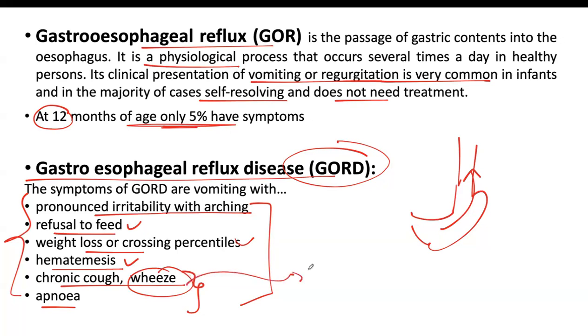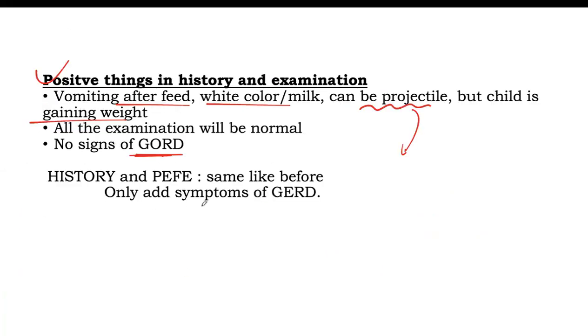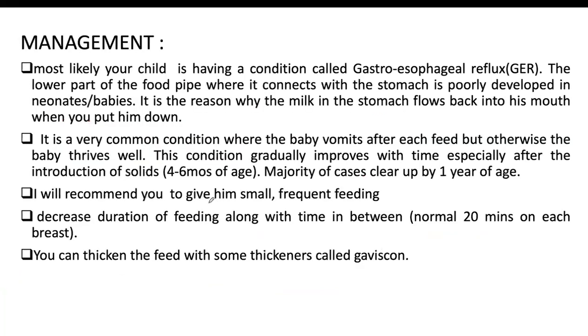Some parents call it a rattle. Have you noticed your child stop breathing for a few seconds while sleeping? That's apnea. So add a few of these questions in this reflux case. Otherwise, it is exactly the same history and same physical exam, just like the UTI case.